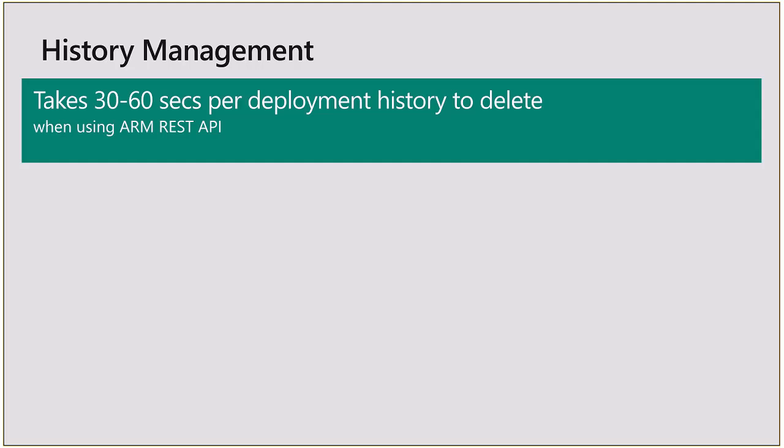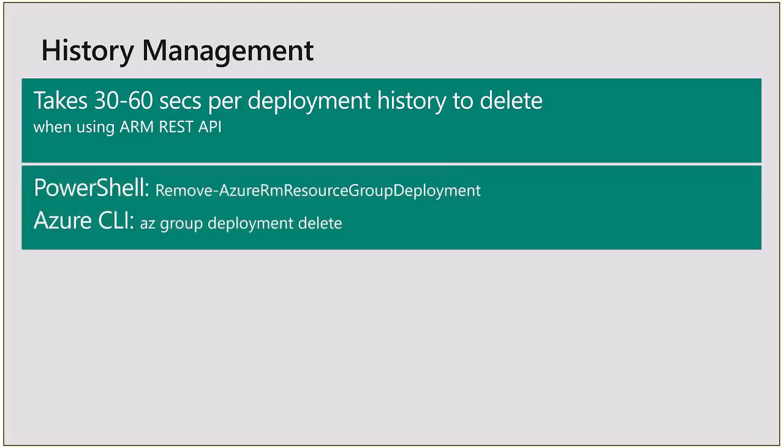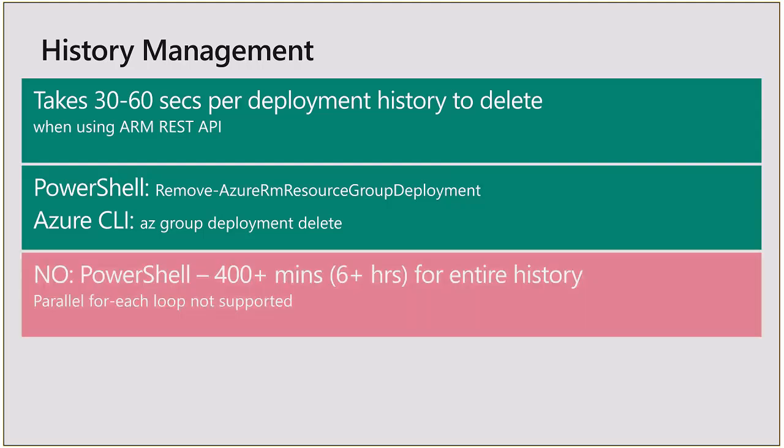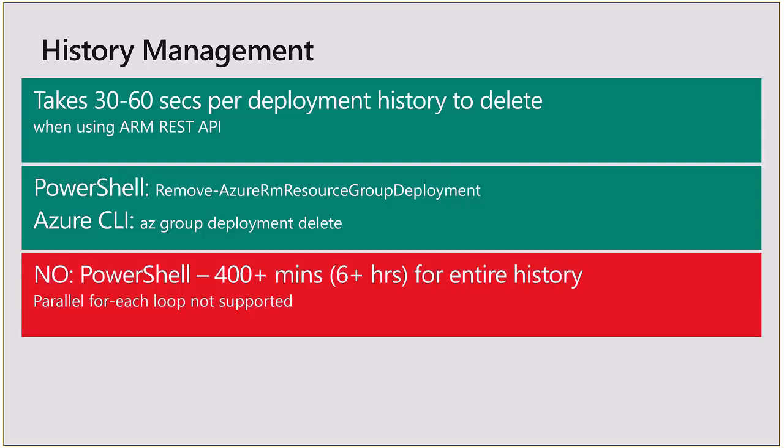We can use the REST API directly, or we can use PowerShell cmdlets or Azure CLI. However, if we use PowerShell, deleting the entire 800 histories takes more than 6 hours because PowerShell doesn't support parallel execution within the loop.